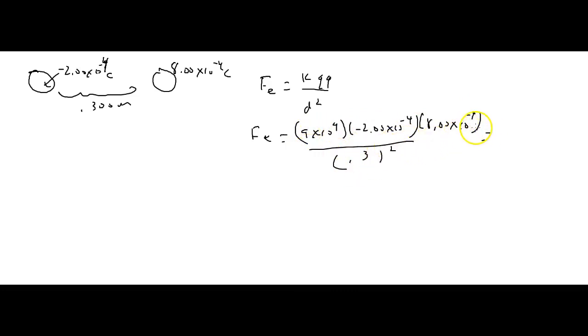And then we put that in our calculator. Again, if you're not using scientific notation, you're on your own because you're making your life harder for no good reason. But enjoy making your life hard if you'd like. Exponent negative 4 divided by 0.3 squared, and I get 16,000 newtons.